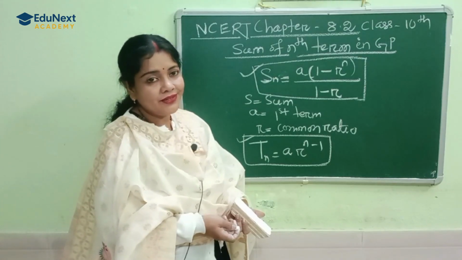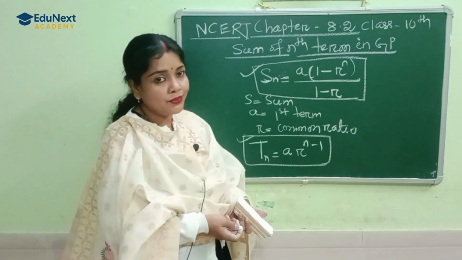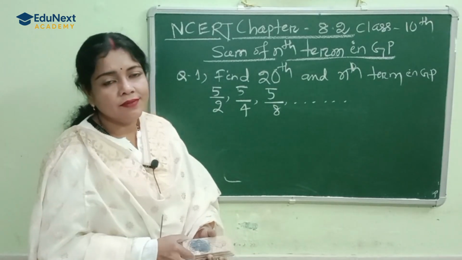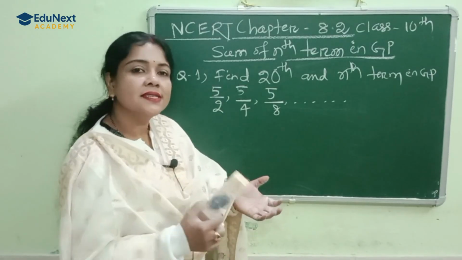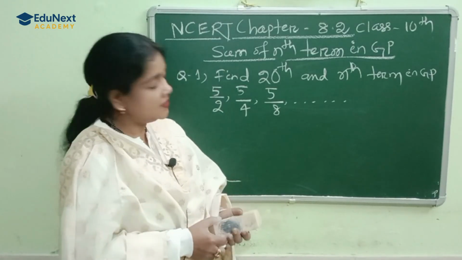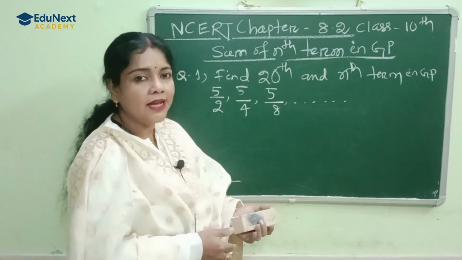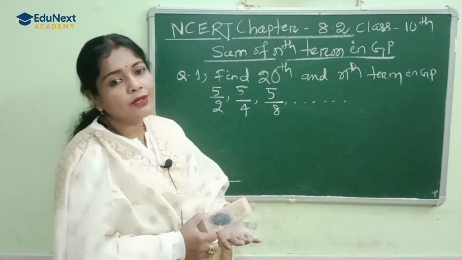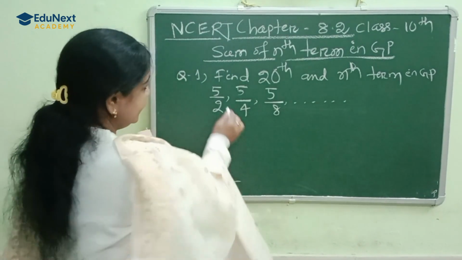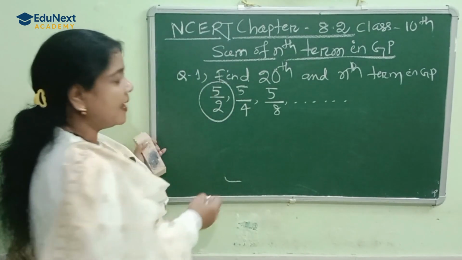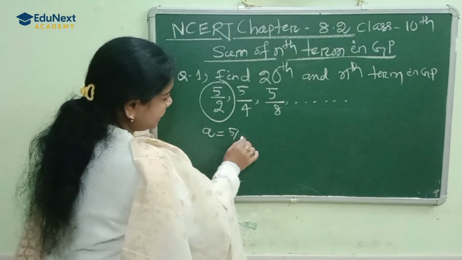Now let us solve your exercise from your textbook chapter 8.2. Let us discuss question number 1. A GP sequence is given, not series: 5 by 2, 5 by 4, 5 by 8 up to, I don't know. We have to find the nth term. Here 5 by 2 is the first term, that means A is 5 by 2.